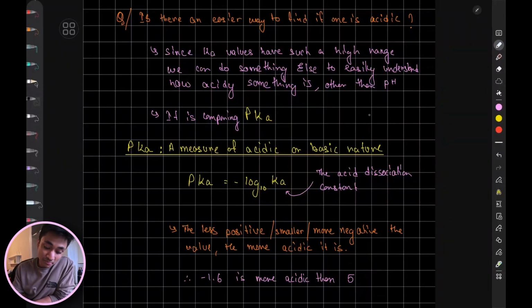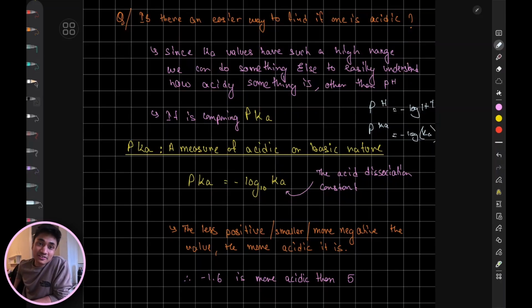Okay, so what is pH? pH is minus log of H plus. So pKa is completely similar, and it is minus log of the constant Ka, and that is it.